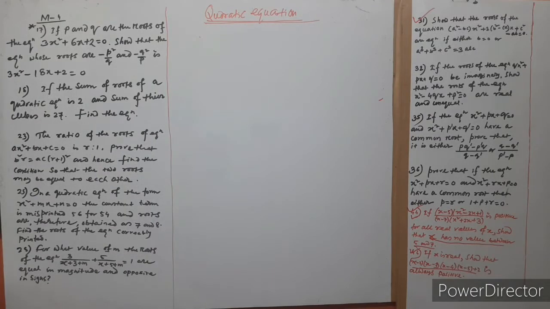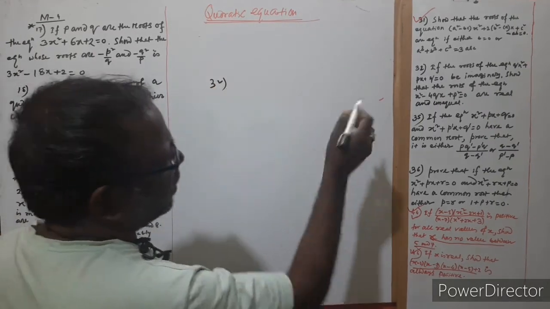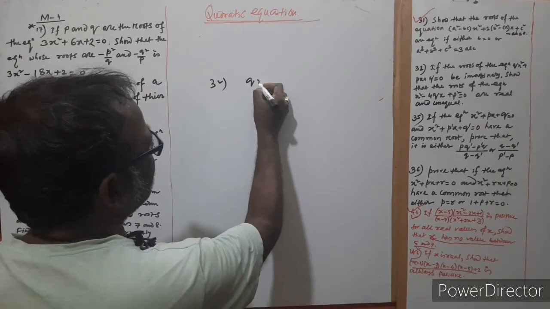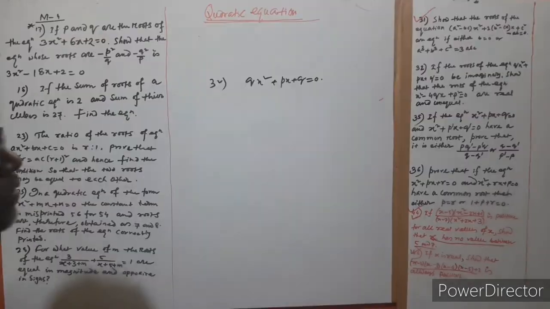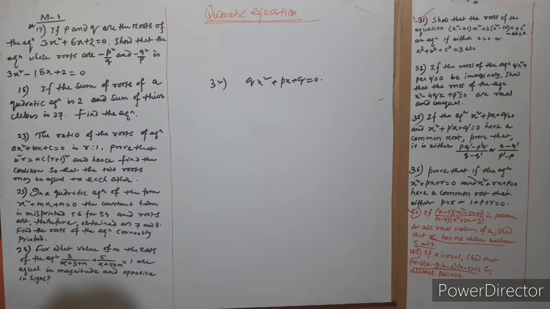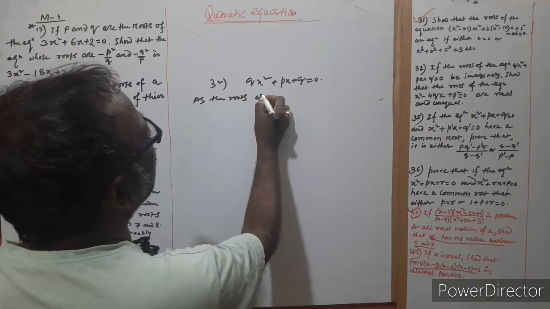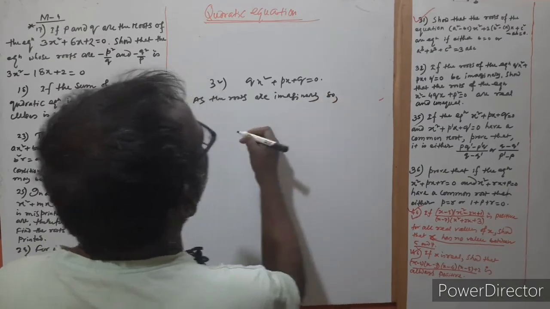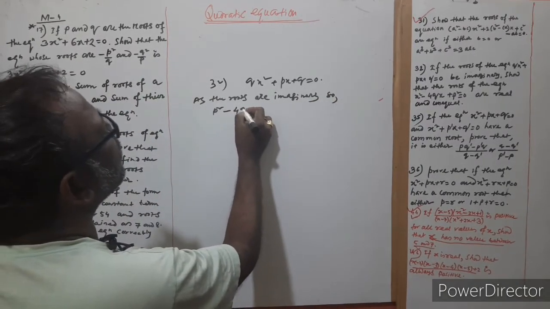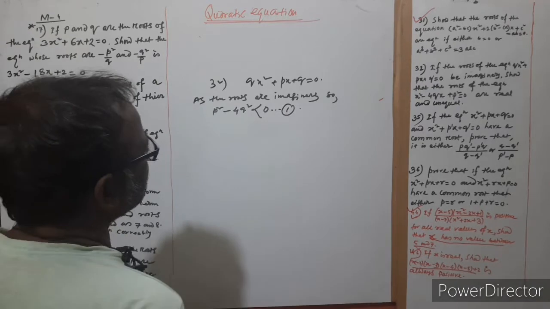In the first equation, ax square plus px plus q equal to 0, if the roots of this equation are imaginary, so p square minus 4q square is less than 0. So this is the number one case.